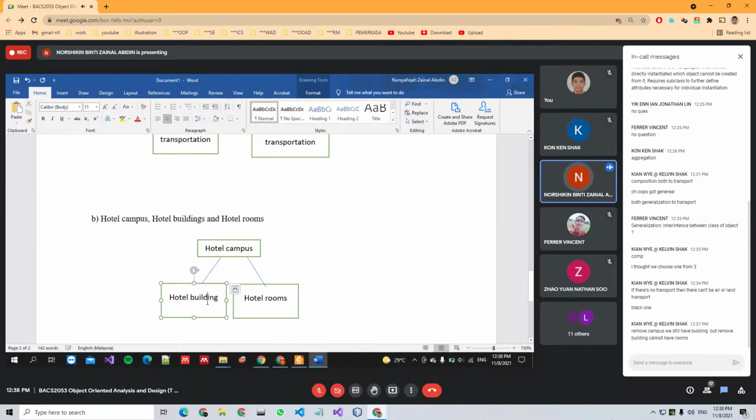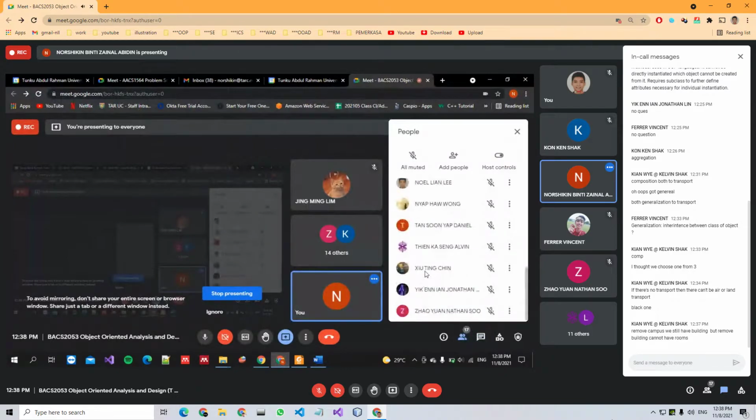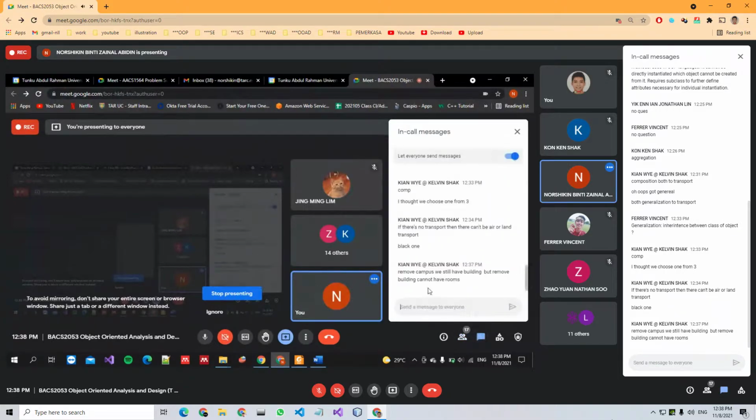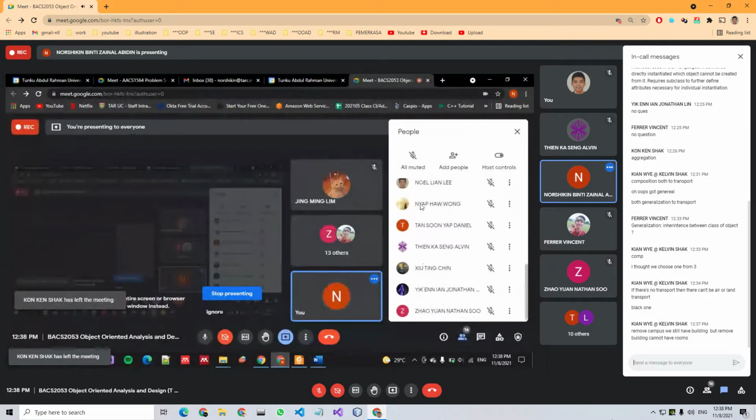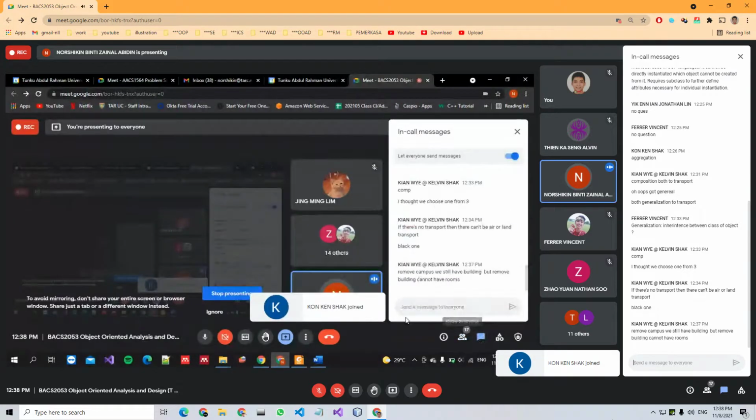So if I remove this building, or if I remove the hotel room, can I still have the campus? Celine, what do you think on this question? Siu Ting Chin, what do you think?